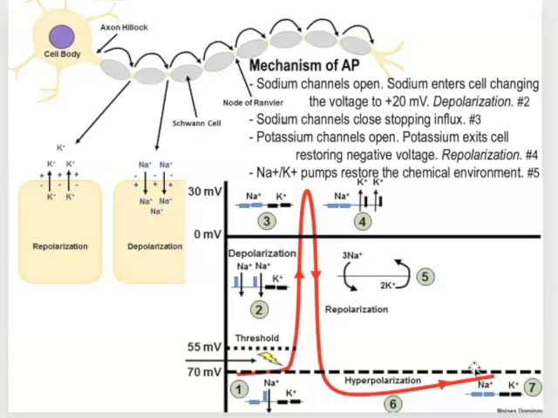So first, we carry more positive to the inside to create this spike, this change on the inside. And then afterwards, we carry positives back to the outside attached to a different chemical. But it's still positive charge. And then that brings the charge back down.